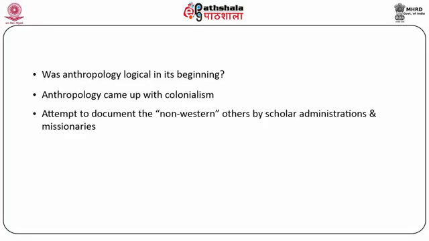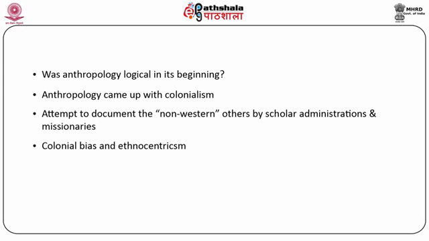When these colonizers were writing about the non-Western other, there was hardly any logic, or a kind of logic which mainly helped them to propagate their racial and cultural superiority, something we call in anthropology colonial bias or ethnocentrism. I'm talking about the 1840s, 1850s, or even the late 1800s, 1870s, and 80s.